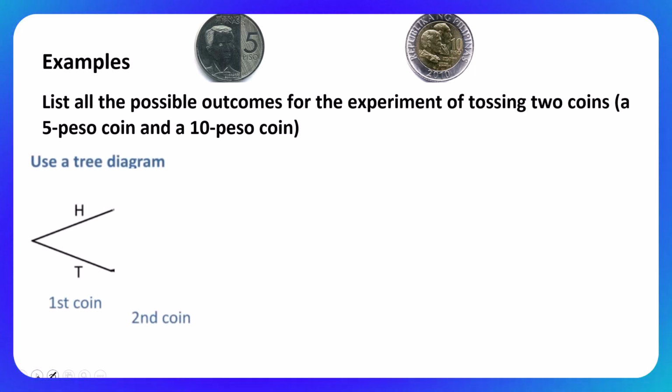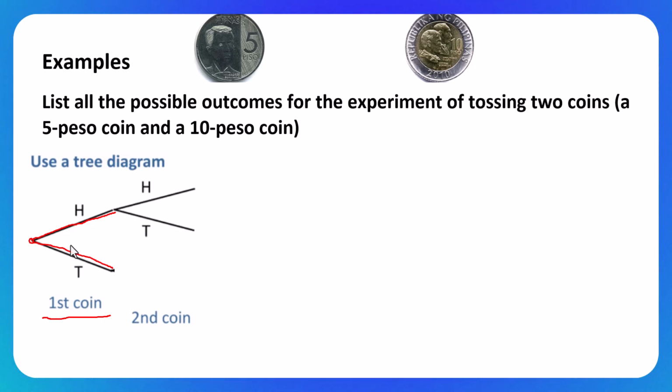We're going to use a tree diagram to organize our data. We're going to start off with the first coin, and if we start here and we toss, it can go in 2 directions. It can go in the direction of heads. It can go in the direction of tails. 50-50 chance to go heads or tails.